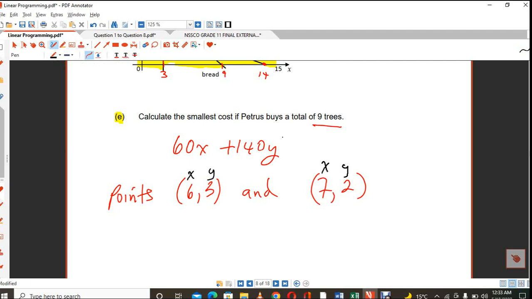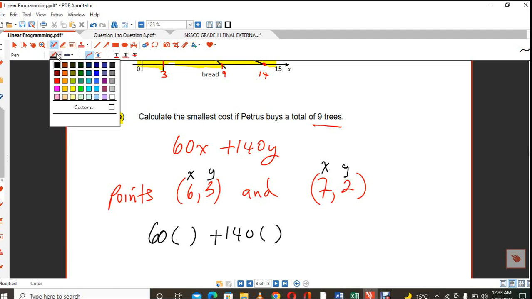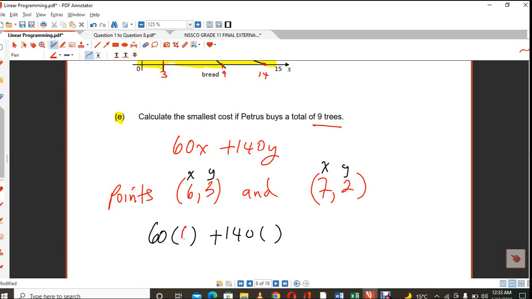We're going to substitute them in there and see what we get. When we do 6 and 3, you're going to end up with 780. If we substitute the point 7,2, x is 7 and y is 2, you're going to get 700.